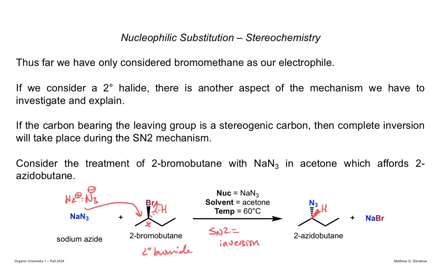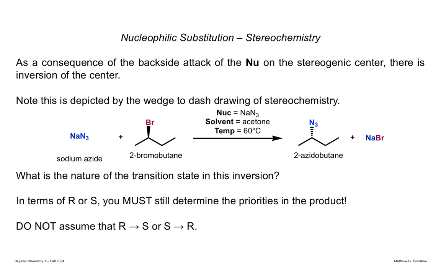So we'll look at why that is, and we'll look at some questions. We know that, just by looking at the starting material and product, that carbon bearing the bromine or the azide is sp3 hybridized. So how does the inversion happen? At the transition state where you're making a carbon-nitrogen bond and breaking the carbon-bromine bond, the carbon becomes sp2 hybridized.